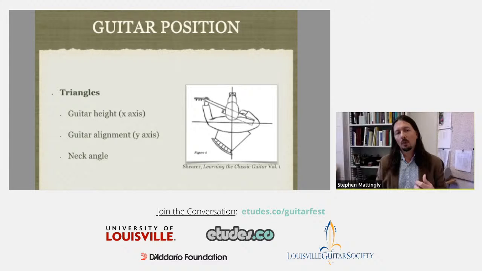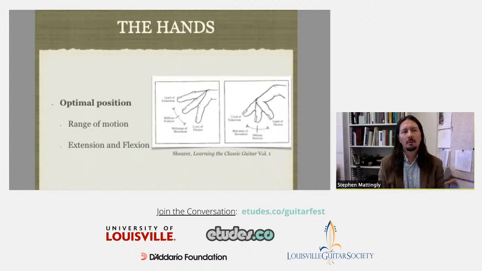So we have two motions, extension and flexion, flexing and extending. Each of those joints has a particular range, and we want to stay basically in that mid range. So I'll refer to things like our neutral position or default position, meaning the way the hand is in its natural, relaxed state. And then we use a little bit of effort to hold our hands in position. So let's go on to the next slide.